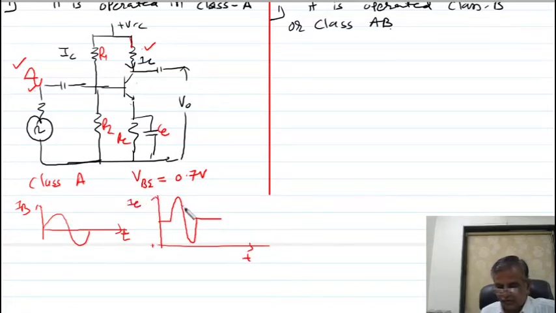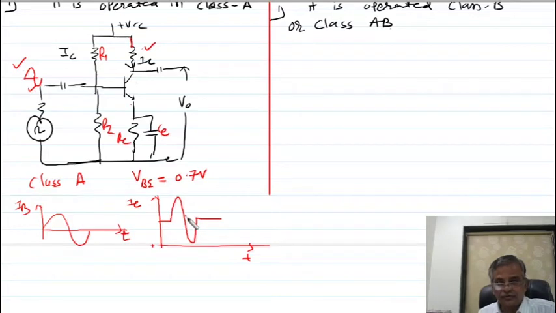For the positive half collector current flows, for the negative half collector current flows. This is possible only when the base emitter voltage is of the order of 0.7. So this operation is called class A operation. Simple conclusion: if VBE is kept of the order of 0.7 volt for a transistor amplifier circuit, and the collector current flows for both halves of the AC input cycle, then it is called class A operation.